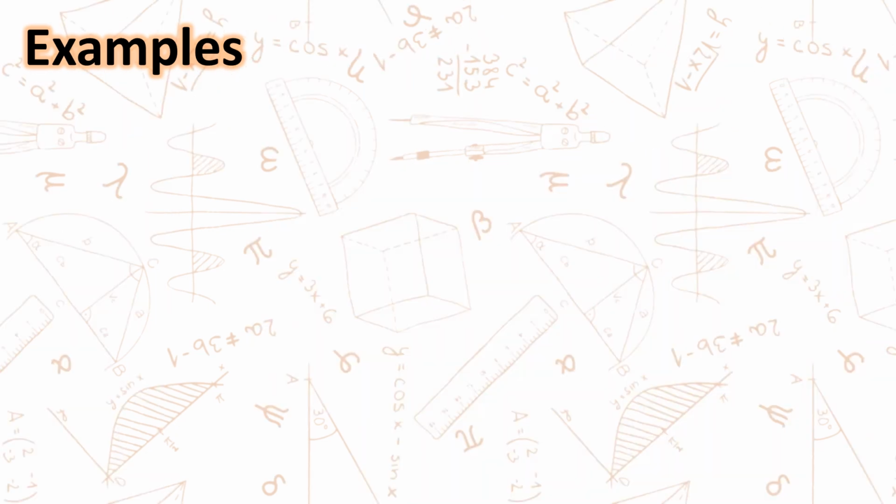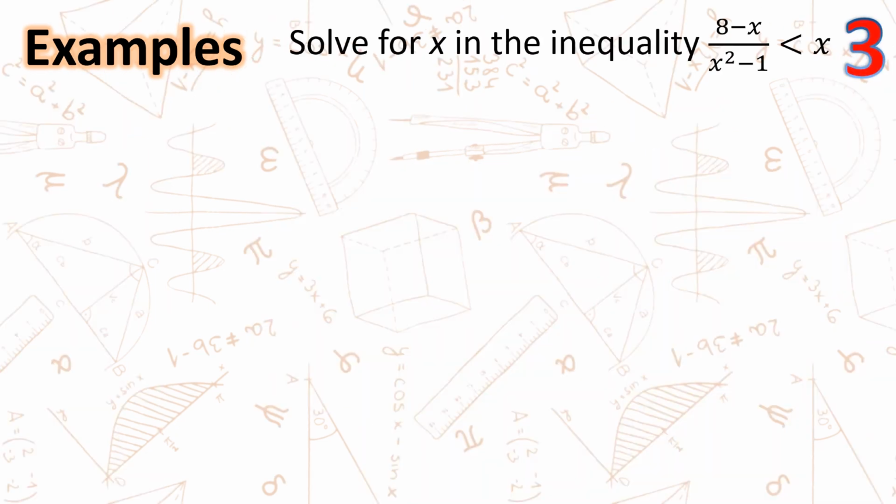Next, let's proceed to example number 3. Solve for x in the inequality 8 minus x over x squared minus 1 is less than x. Subtract x from both sides so that the right side of the inequality is 0. Then we have 8 minus x over x squared minus 1 minus x is less than 0.